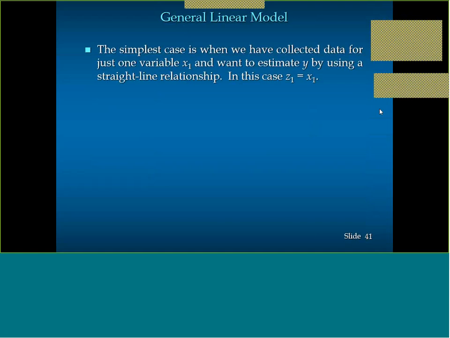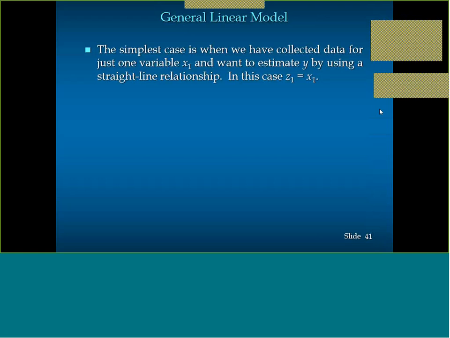So if you take the more generalized model y equal to beta naught plus beta 1 z1 plus beta 2 z2 plus and so on beta p zp plus epsilon, we can concentrate on the simplest one. The simplest one is what we have discussed, that is the simple linear regression model. So we have only one independent variable x1 and one dependent variable y.